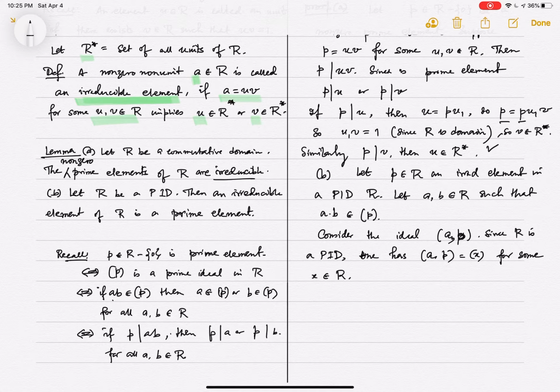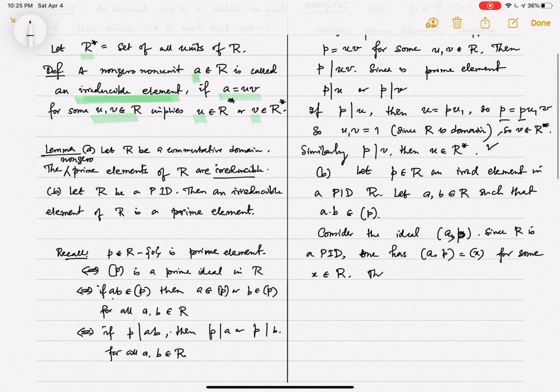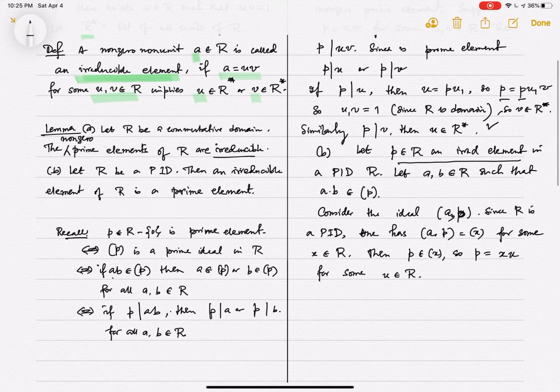So then P in particular is in this ideal, so P is X times something, P equals X times U for some U in R. But now I can use the condition that P is an irreducible element. Since P is irreducible, here you have written P as a product of two things. One of them has to be a unit.